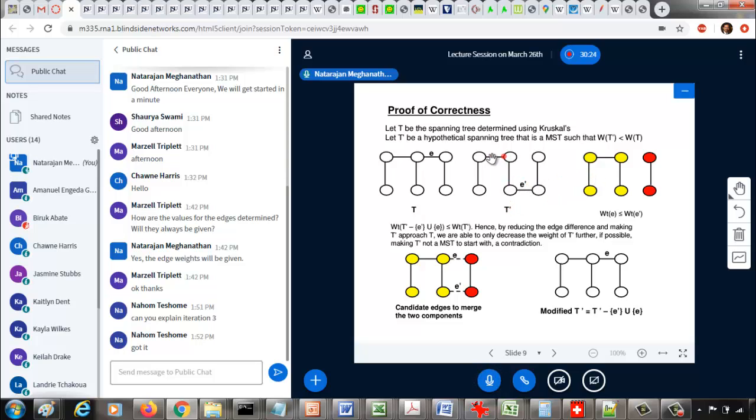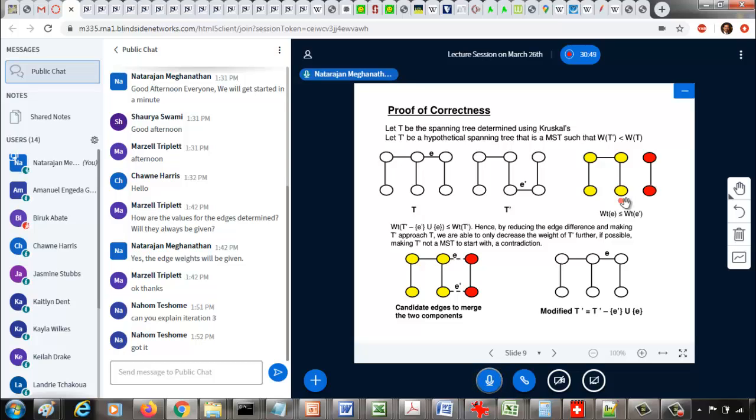That disconnects T prime into two components like this. Now what edge could I use to connect these two components? It could be E prime or E, because from the two spanning trees we find that there are at least two edges, E and E prime, that can connect the two components.